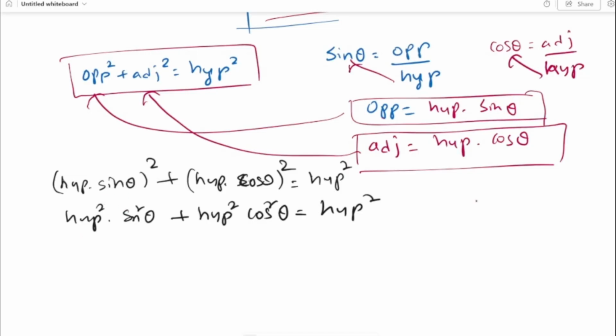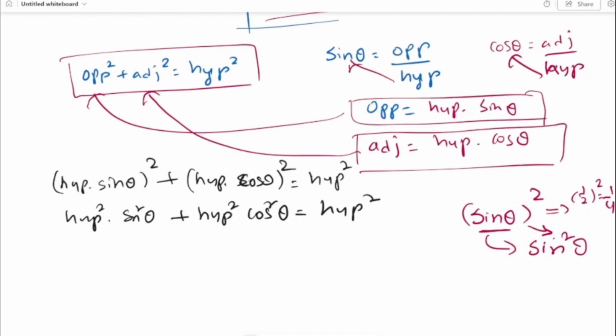If you look closely, sine theta whole square, you write this as sine square theta, because sine theta is a ratio. The value of sine theta could be half, 1/3, 1/5, 1/7, etc. When you square it, you just square the ratio, right? Half square will be 1/4. So when you square, this is how you write it.